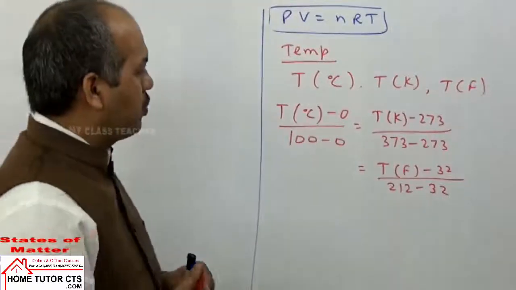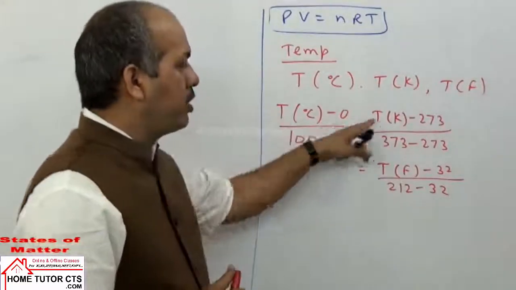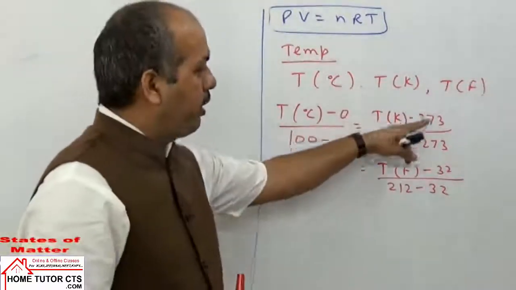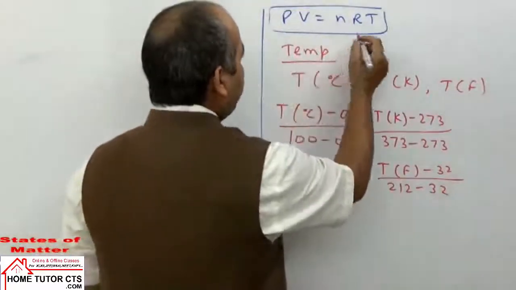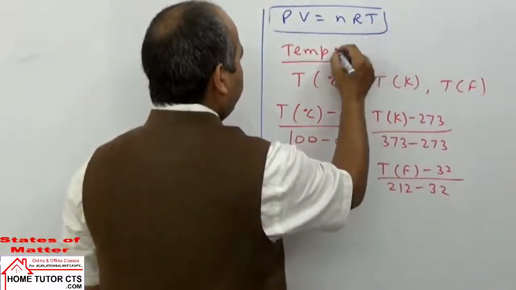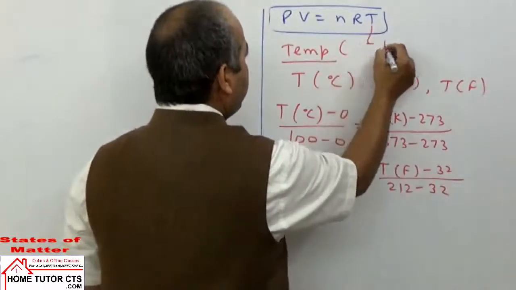In solving our questions, we get temperature mostly in Kelvin scale or sometimes Celsius, or we have to take temperature always in Kelvin scale. In this applied equation, we will take temperature in Kelvin scale.